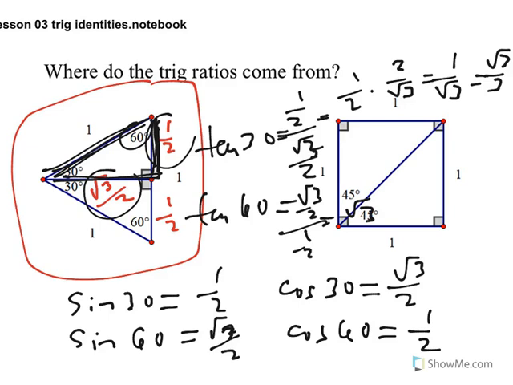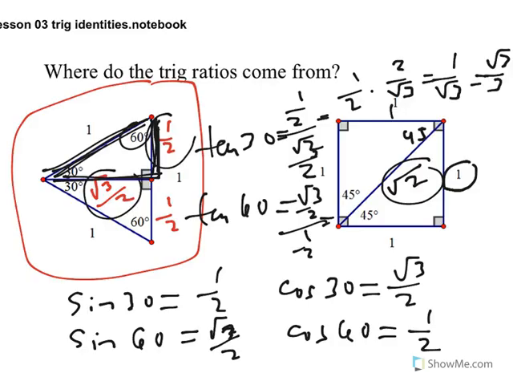We can get some more values by looking at a square instead of an equilateral triangle and dividing it into two pieces. Now I have these two 45, 45, 90 triangles. This is square root of 2 by the Pythagorean theorem, and with that I can say sine of 45 is opposite over hypotenuse.